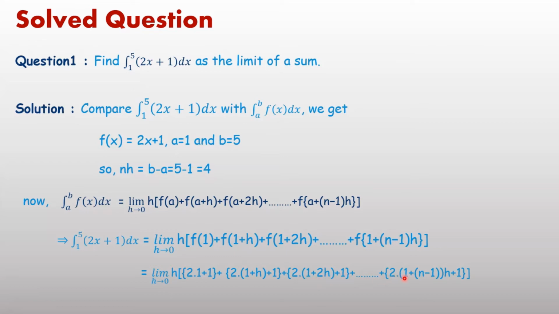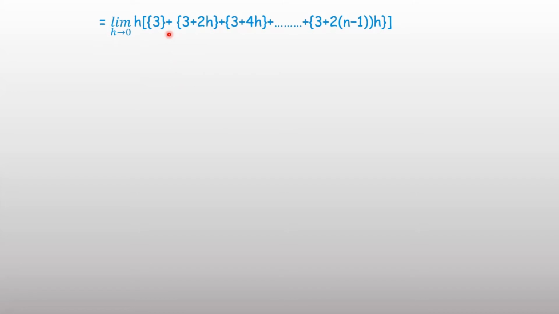Here 2 + 2(n-1)h + 1 means 3 + 2(n-1)h. So therefore, the next step we can write as the limit as h tends to 0 of h [3 + (3 + 2h) + (3 + 4h) + ... + (3 + 2(n-1)h)], which is equal to the limit as h tends to 0 of h.